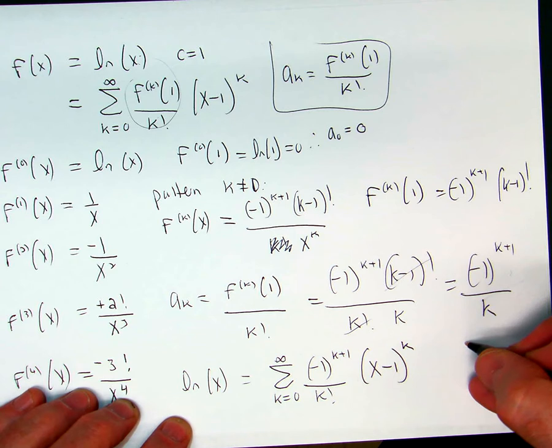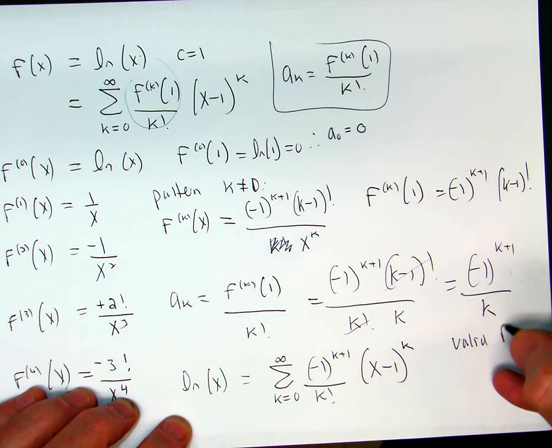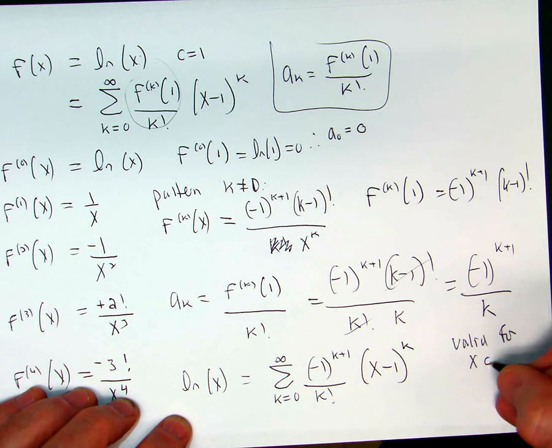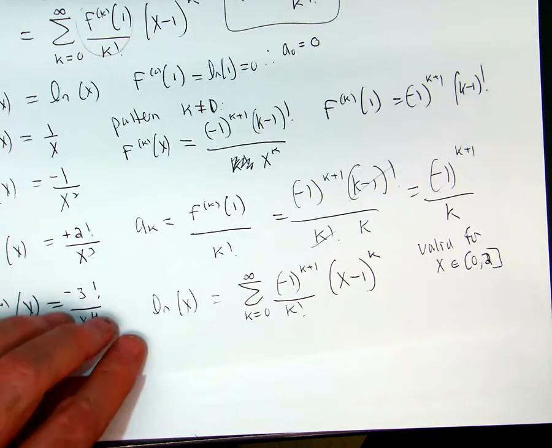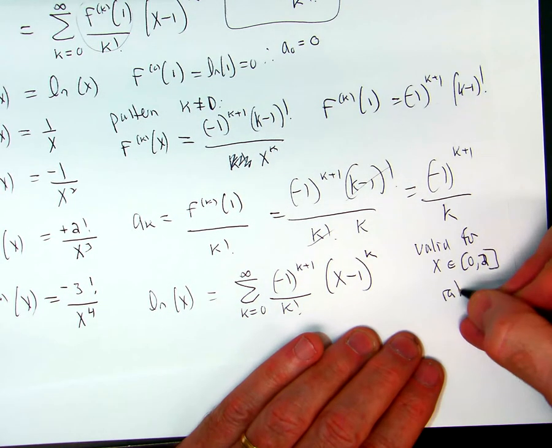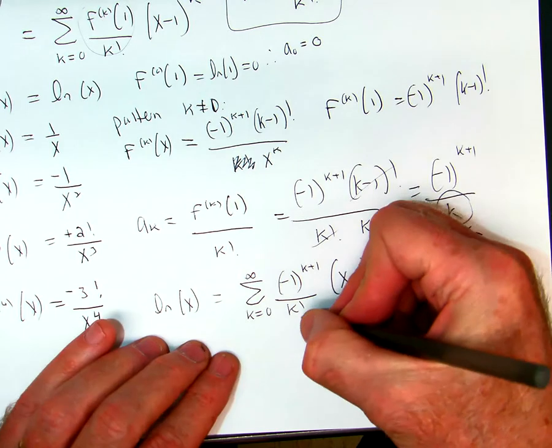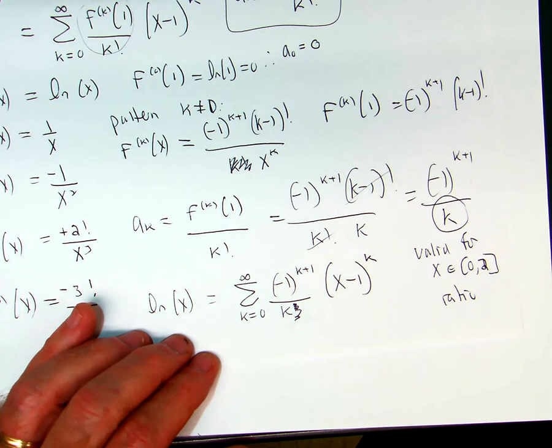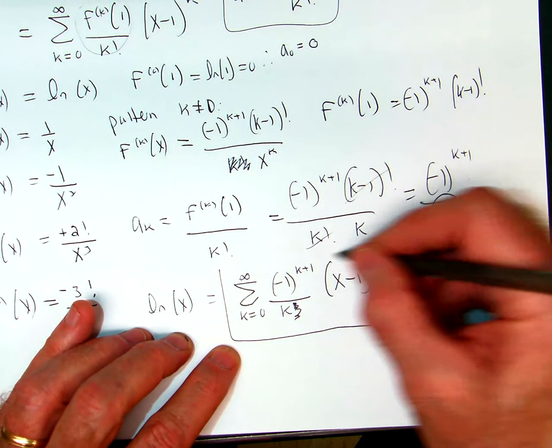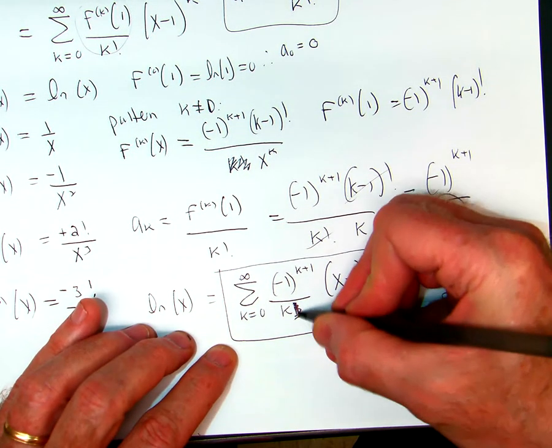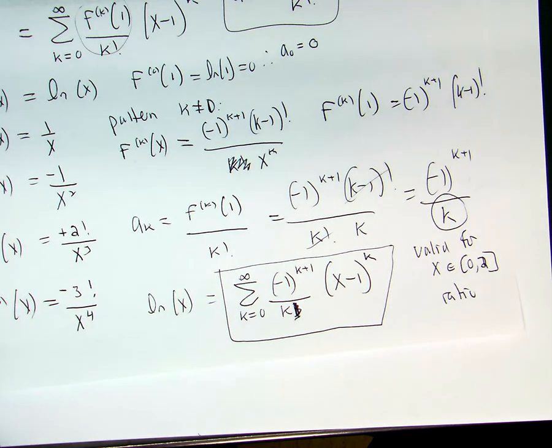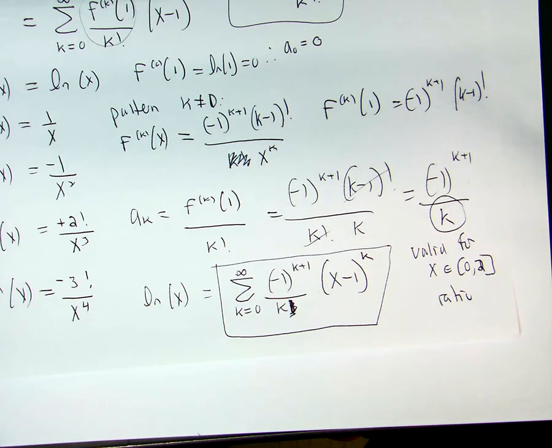And it turns out that if you test this, this is going to be valid for x in the interval 0 to 2. And I got this from a ratio test. Sorry, k, that's not there. That's just k. So that's my series. Okay, that's what the log is. So sorry about that, no factorial there. So that's it.